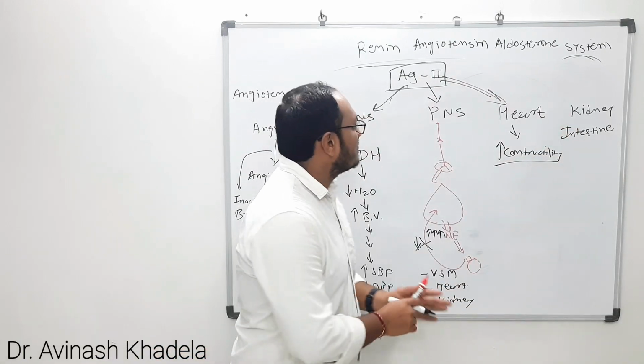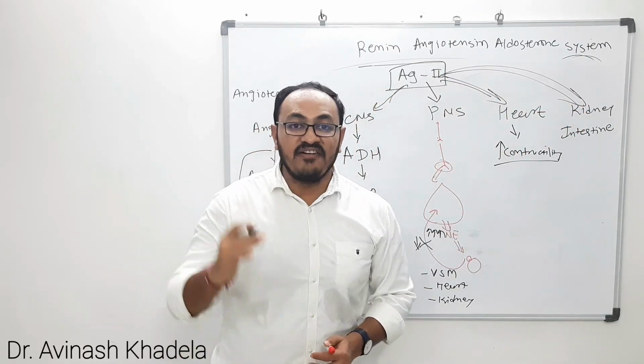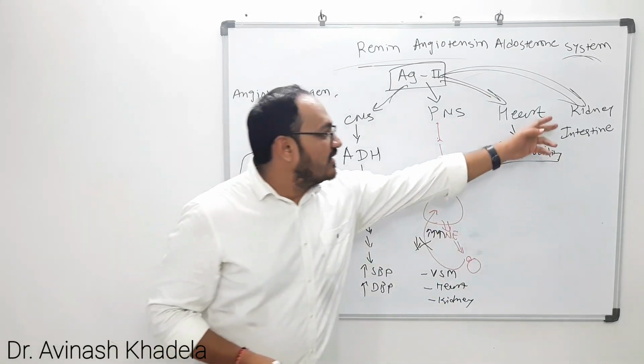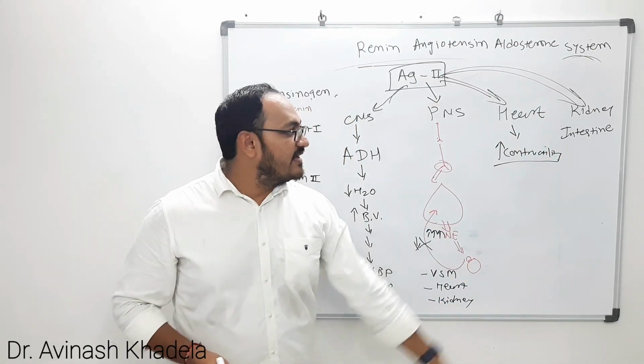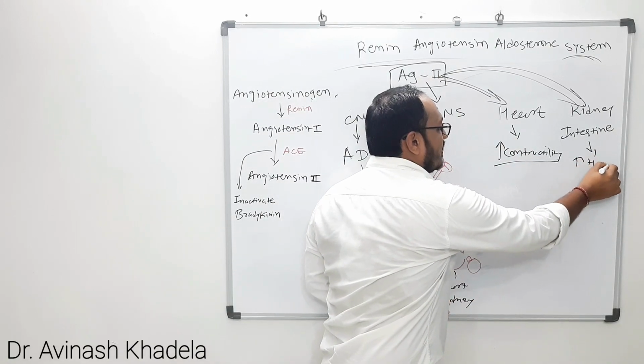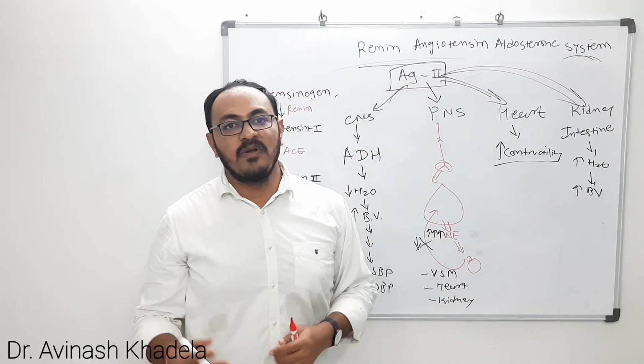The last is that angiotensin 2 has a direct action in the intestine and kidney, where it retains water. Similar to ADH and aldosterone, its direct action in the kidney and intestine is retaining water, which leads to an increase in blood volume, and an increase in blood volume leads to an increase in blood pressure.